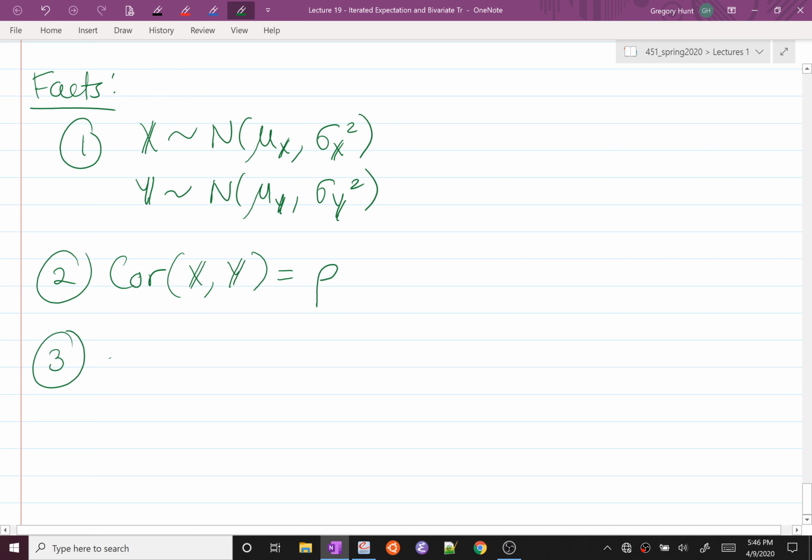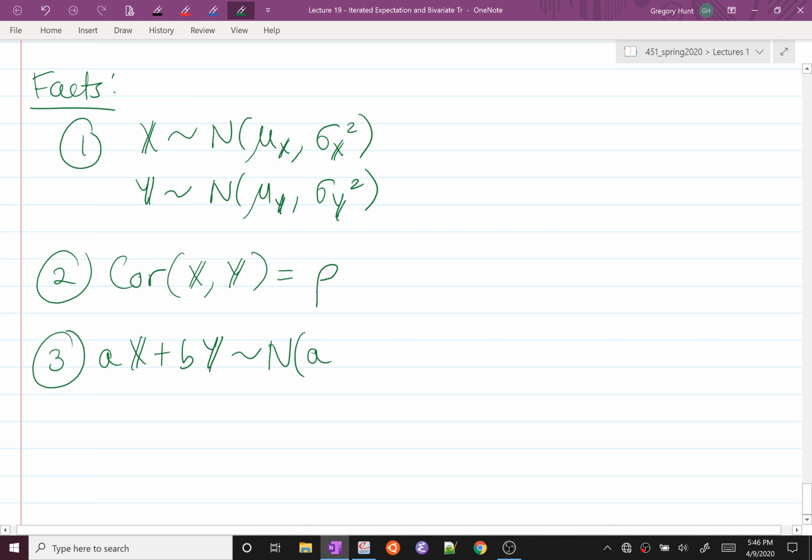Third fact, if I look at ax plus by, it's a linear combination of two normals. We know how to add normals if they're independent, but they may not be independent in this case. They may be correlated. In this case, we get a super simple formula.